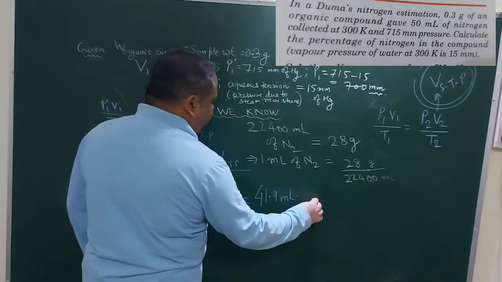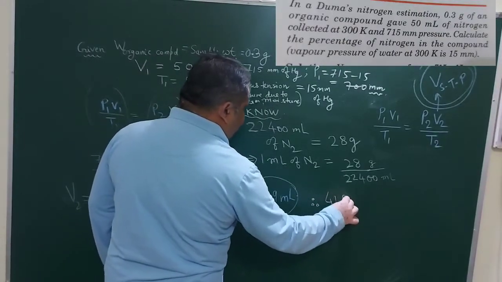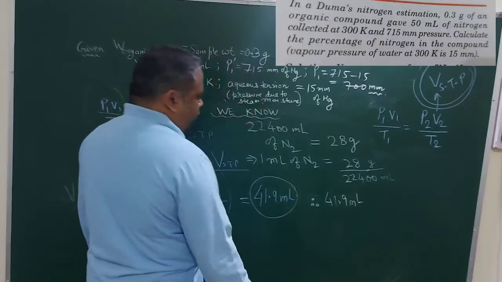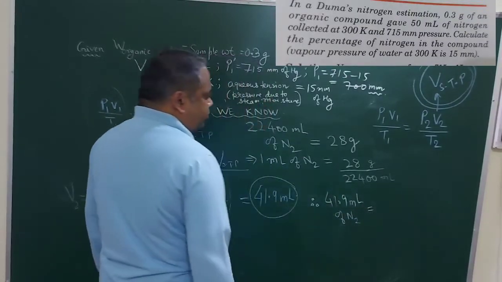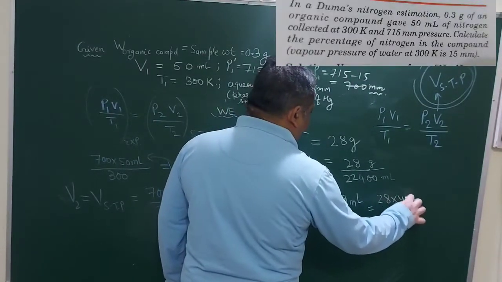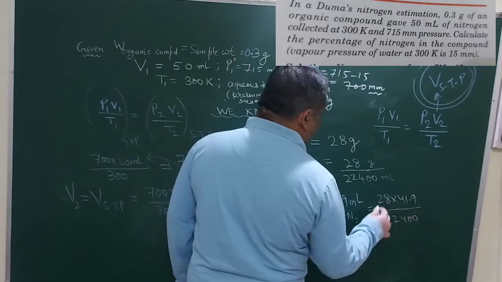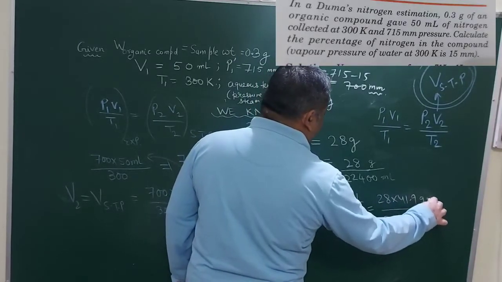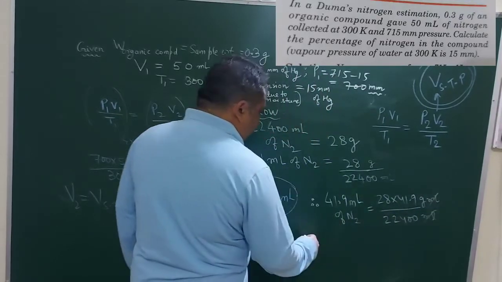So therefore 41.9 ml of N2 will be equal to 28 multiplied by 41.9 divided by 22400 gram. ml divided by ml will cancel.